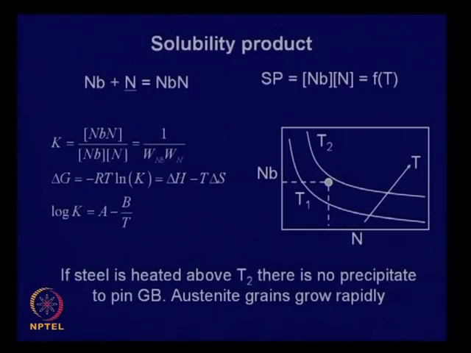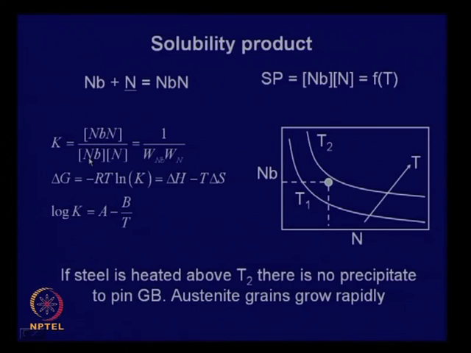Here we will see. If you consider any chemical reaction like this, you have soluble niobium in steel and soluble nitrogen in steel in solid state, and they are in equilibrium with niobium nitride. This is the equilibrium constant, and these are the activities of the respective phases.